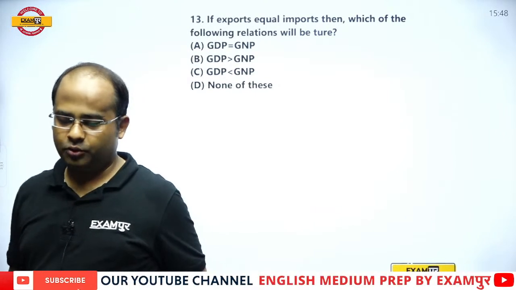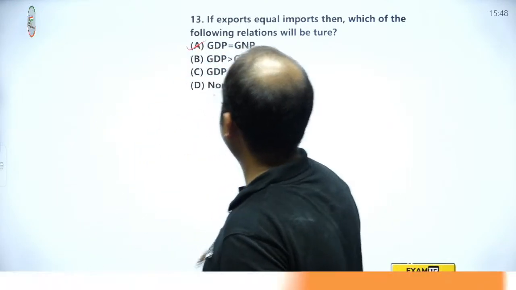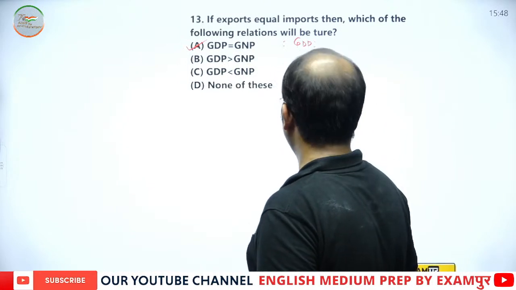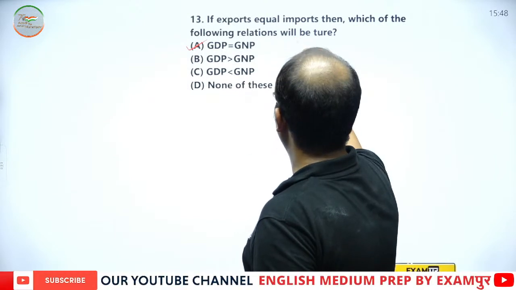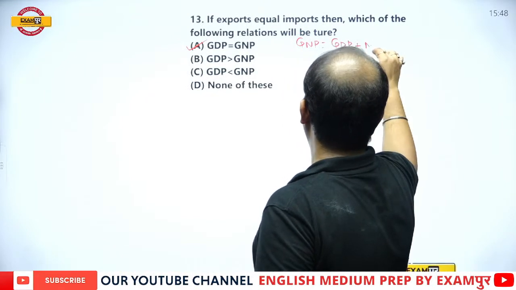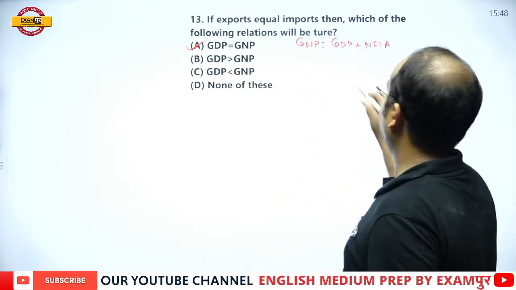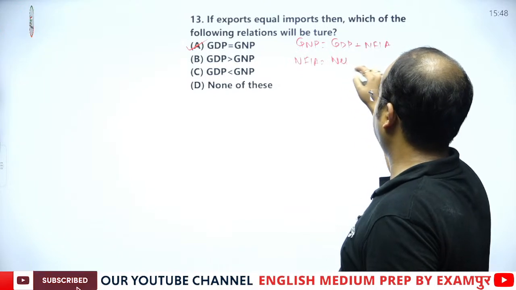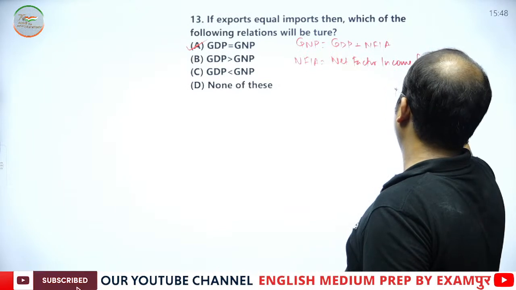Okay, guys, if export is equal to import, the relationship that will be true is GDP is equal to GNP. GNP is equal to GDP plus NFIA, and NFIA is net factor income from abroad.